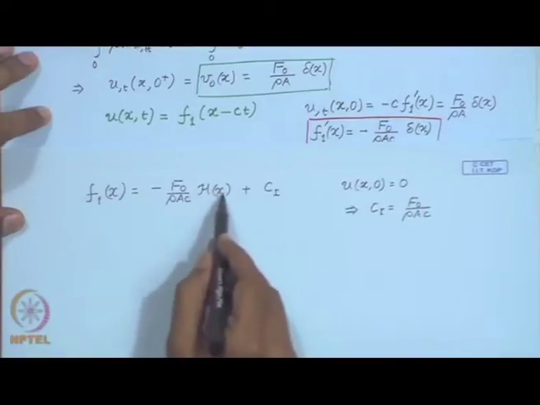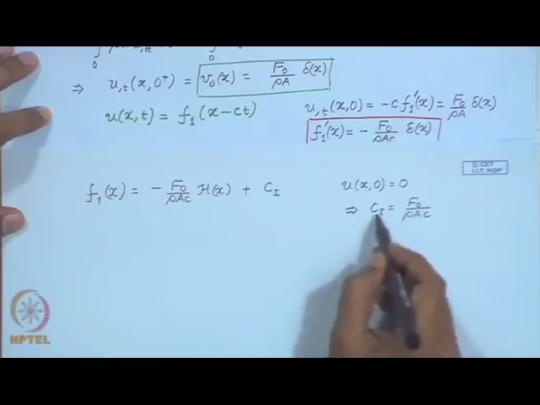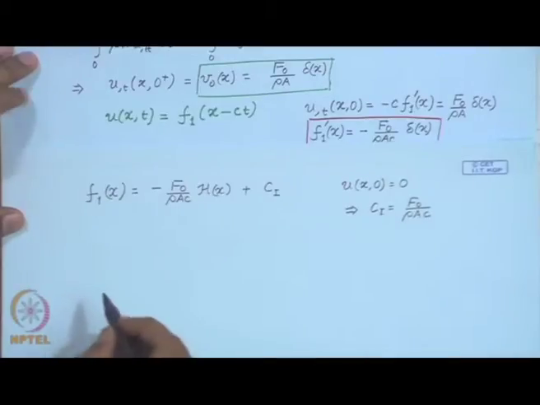The Heaviside function at 0 is 1, so the integration constant C 1 becomes F naught by rho A c.